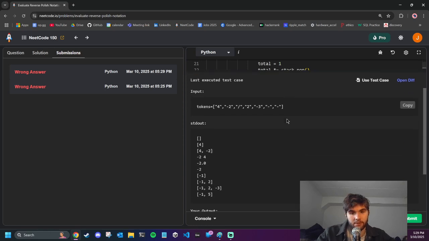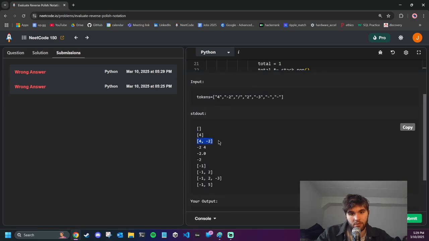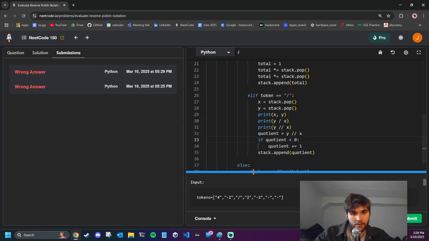Wrong answer. All right, so let's look at this one. So it adds 4, adds -2. Then it divides, so 4 divided by -2 is -2. Are we not adding it to the stack? We are.